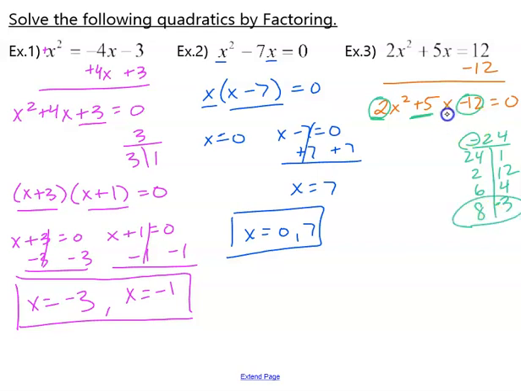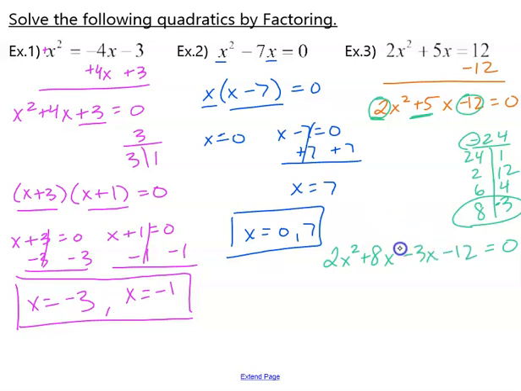So let's go ahead and factor this by grouping. I'm going to rewrite this down here where I have some more space. We have 2x squared plus, and I'm going to replace that 5x with our 8 and negative 3, our 8x minus 3x minus 12 equals 0.